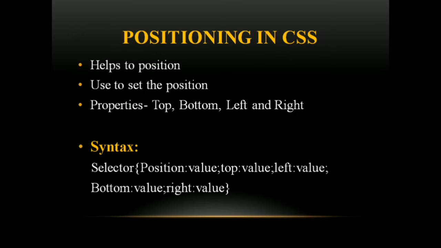So the property position has a value, which is the type of positioning like fixed, relative, absolute, static. That gives the name for the position value. Then for the top, left, bottom, right properties, you give pixel values.